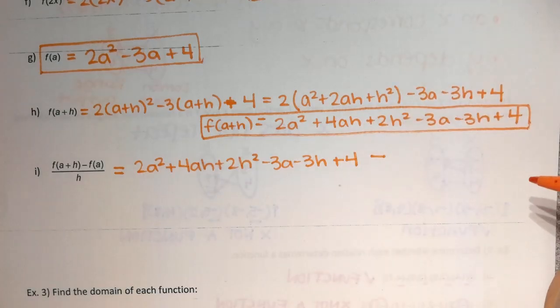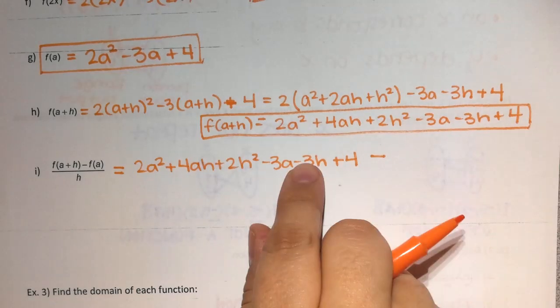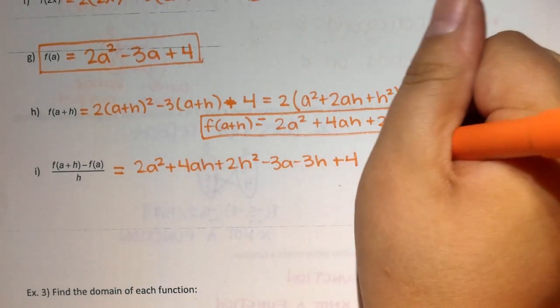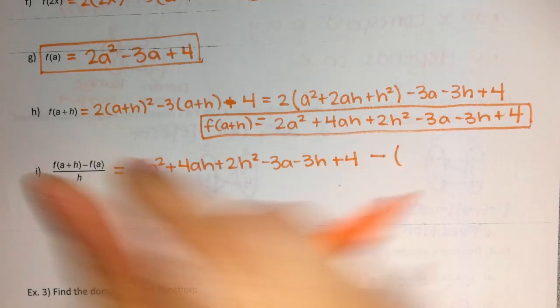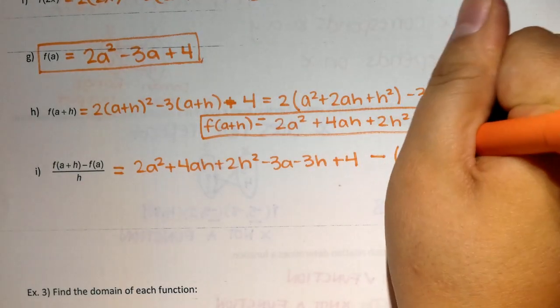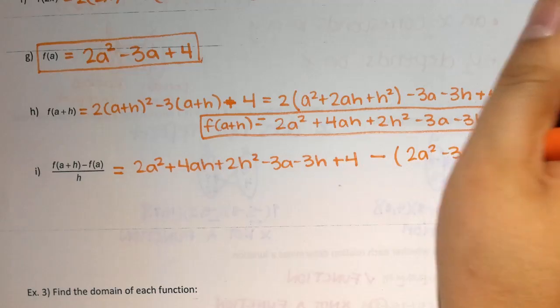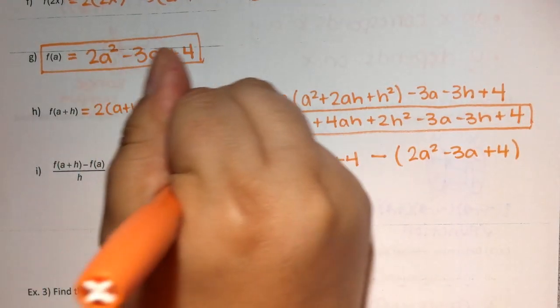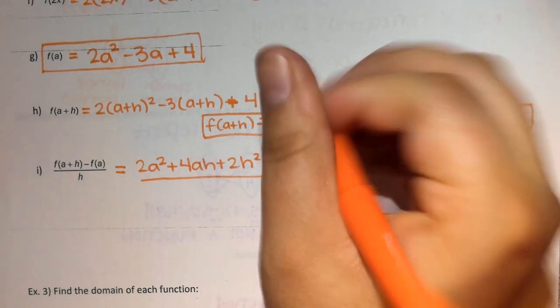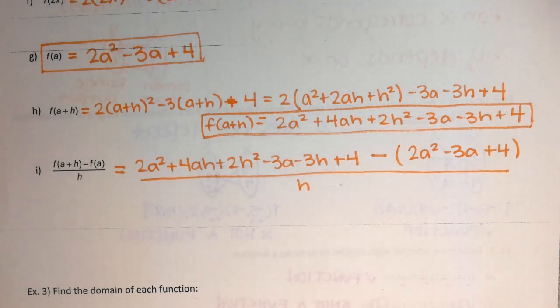Minus, and then whenever you subtract them, what are you going to have to do? I'm going to have parentheses when I subtract them. So f of a was, and all of this needs to be divided by what? Little h.